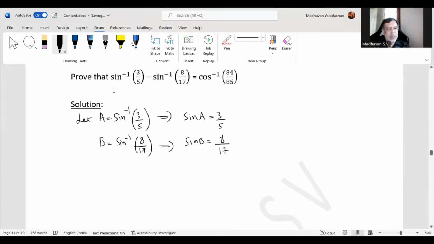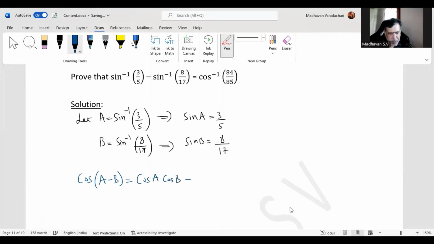Since here we have a negative sign in between and the right hand side is involving cos inverse, we will be using a trigonometric identity, which is cos of A minus B, which will be cos A cos B plus sine A sine B.